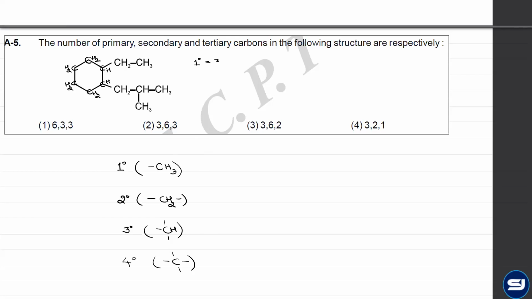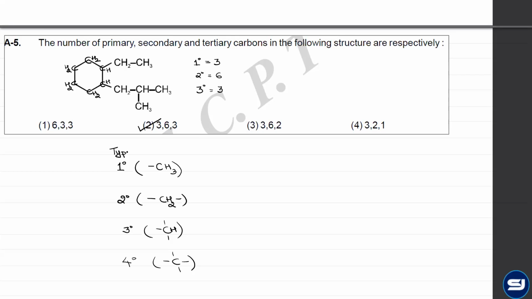The number of CH3 groups are 3. Secondary यानी CH2 वाले कार्बन कितने हैं? 6. 1, 2, 3, 4, 5 and 6 over here. And tertiary CH वाले कार्बन are 3. The answer is 3, 6 and 3. Fine.